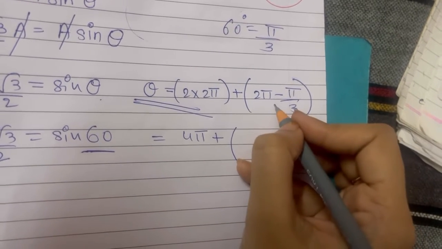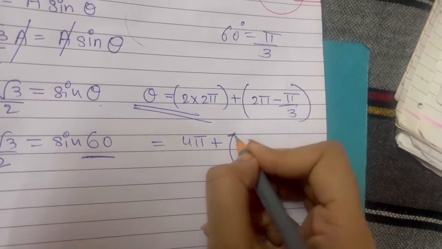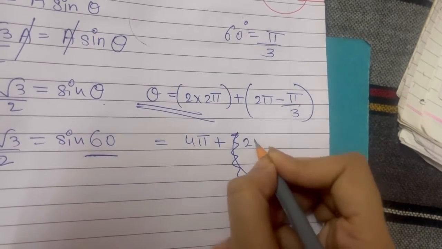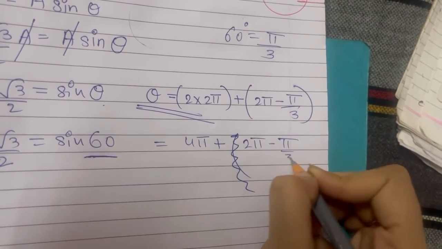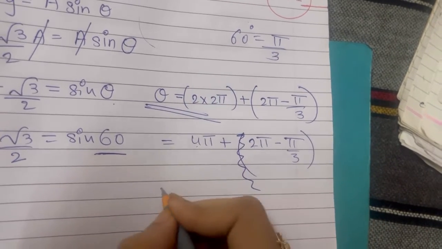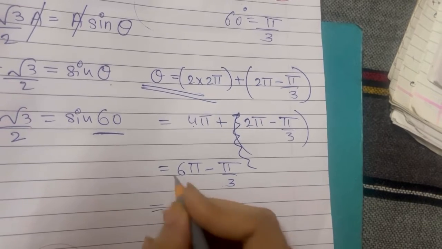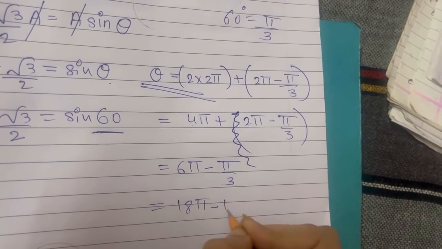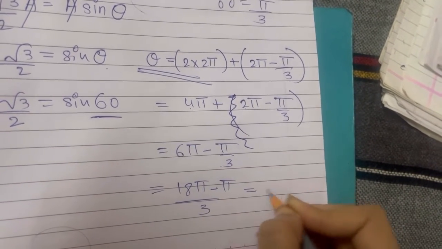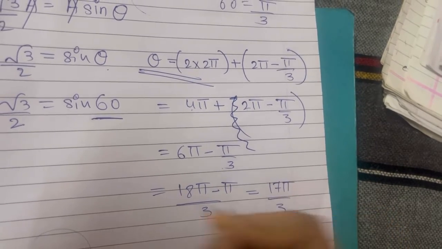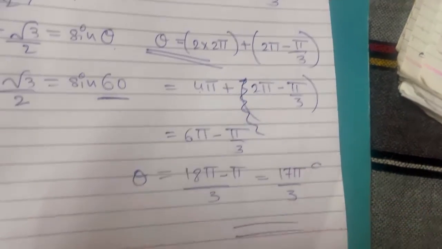So let's do it. Open the bracket. So it will be 2 pi minus pi upon 3. So 4 pi plus 2 pi is 6 pi minus pi upon 3. So 3 sixes are 18 pi minus pi upon 3, that is 17 pi upon 3. This is that phase angle in radians.